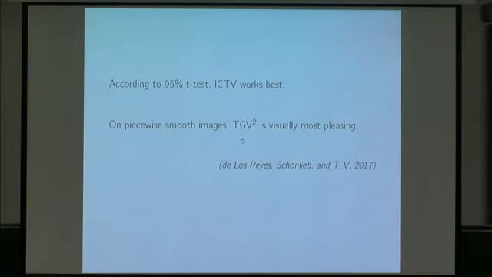And visually, in detailed inspection of the results, DGV2 seems to perform the best when you have large smooth areas, not flat areas, because when you have cartoon-like images, that's where TV performs well. But if you have smooth, non-cartoon-like areas, DGV2 seems to visually perform best. But according to this statistical experiment, ICTV performs the best.